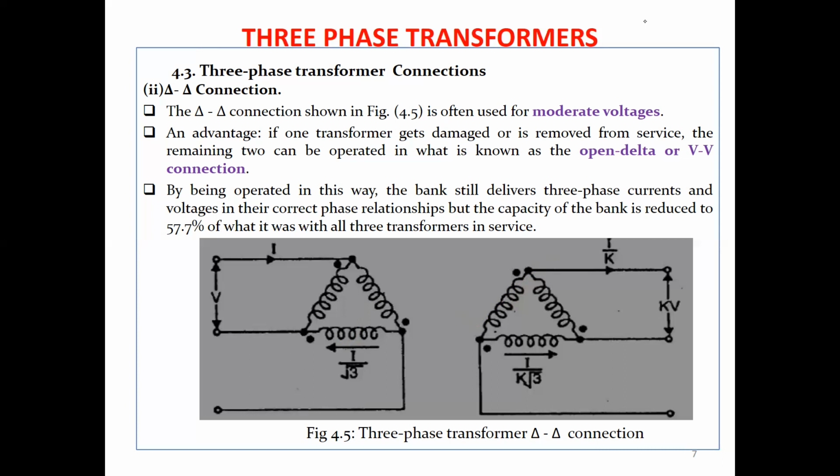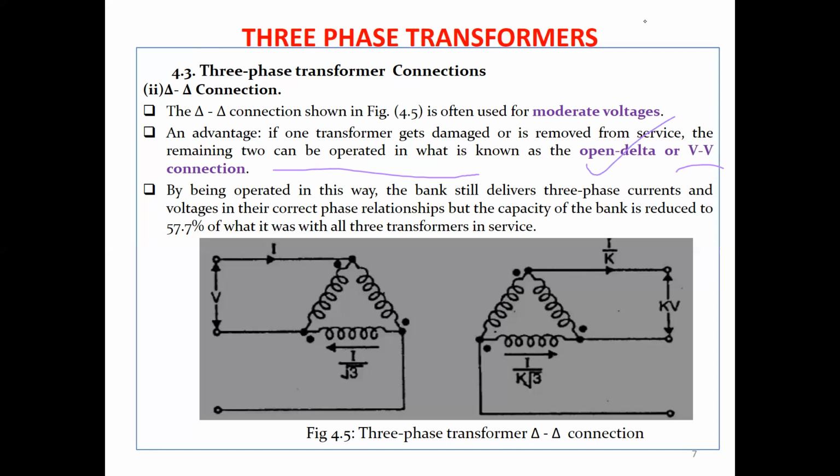So when you remove one transformer from service, or the transformer gets damaged, the two remaining can be operated in what is known as an open delta or a V-to-V connection.